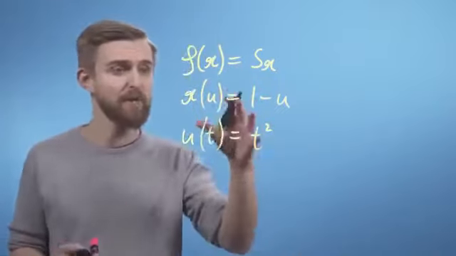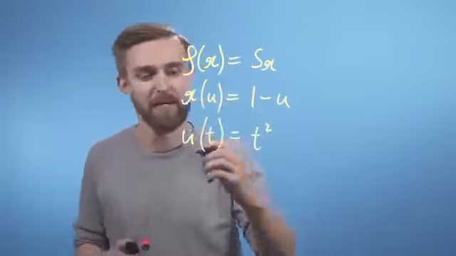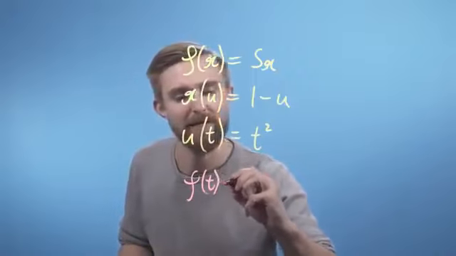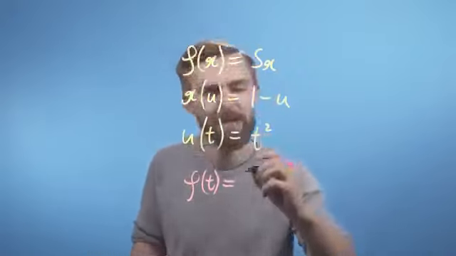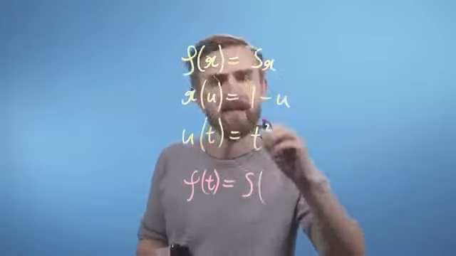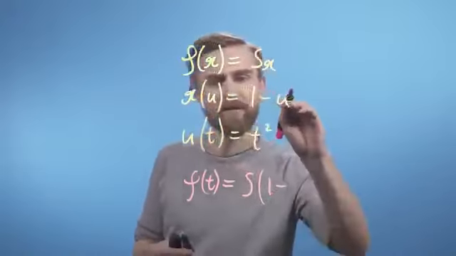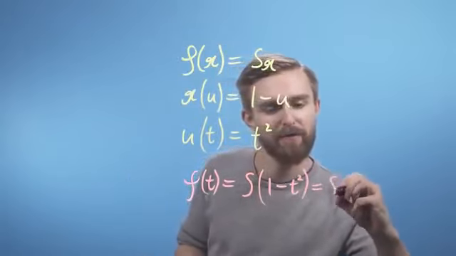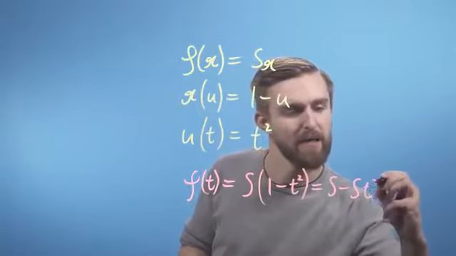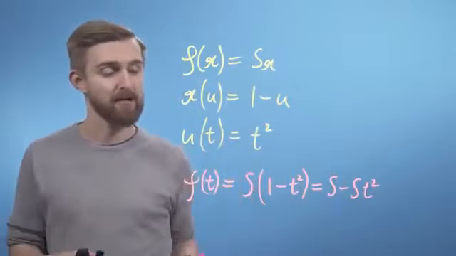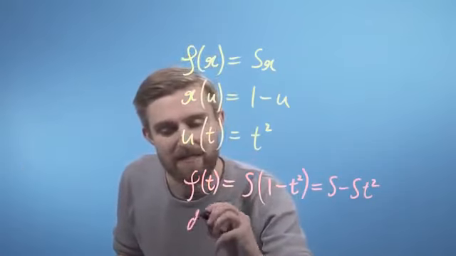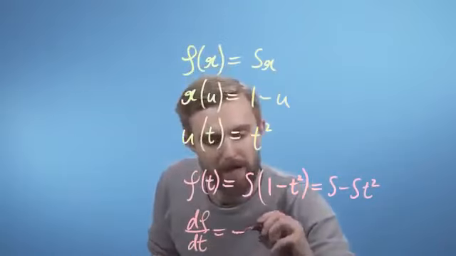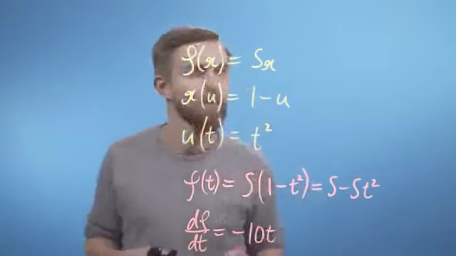Of course, we can just sub each step into each other and find an expression for f as a function directly of t, where we say, well, it's going to be 5 of whatever x is, and x is 1 minus whatever u is, and u is t squared. So this thing goes to 5 minus 5t squared. And of course, we can now directly differentiate this thing and say df by dt equals minus 10t.